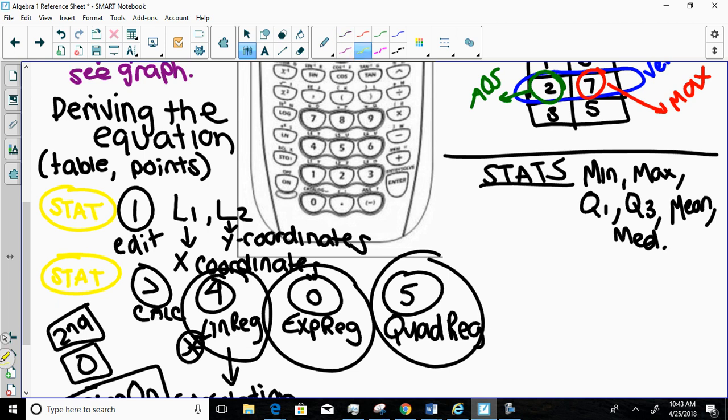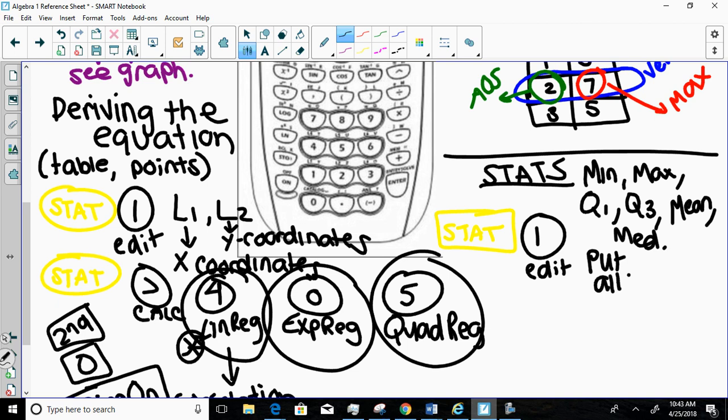So to get all that, you click stat, edit, and you put all your numbers in L1. Because remember, it's just a list of numbers. You're finding your Q1, your Q3, and max.